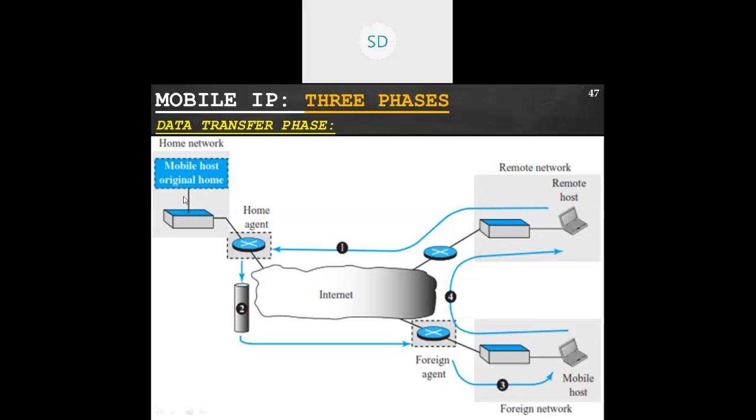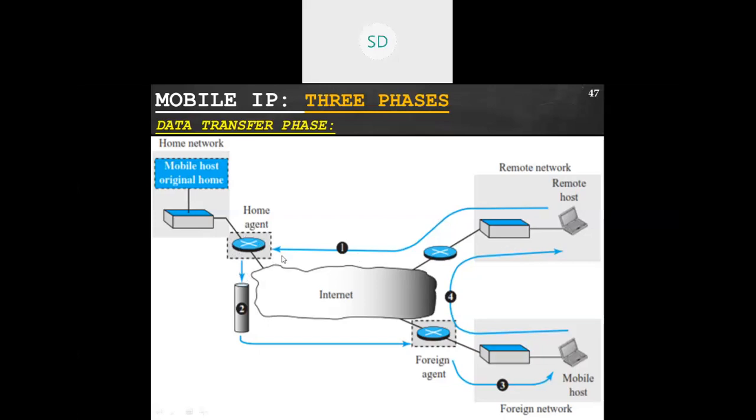The remote host sends the packet to the mobile host thinking that it is in the home network. The packet, however, is intercepted by the home agent, which pretends to be the mobile host itself. This is done using the proxy ARP technique. Initially, it will pretend to be the mobile host on the network itself. So this is the first step.